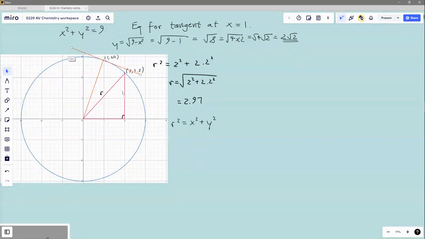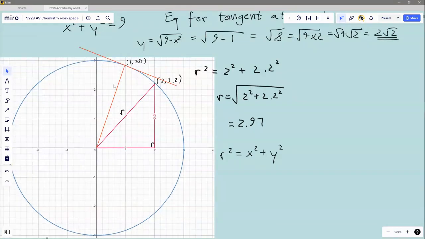So the action plan is to find the equation from the center to that point there, and from there work out the perpendicular line to this line from the center.